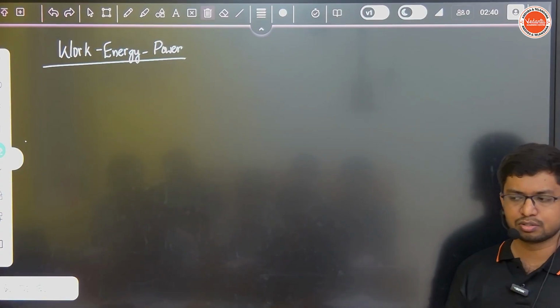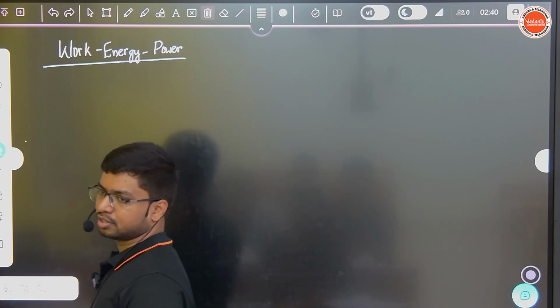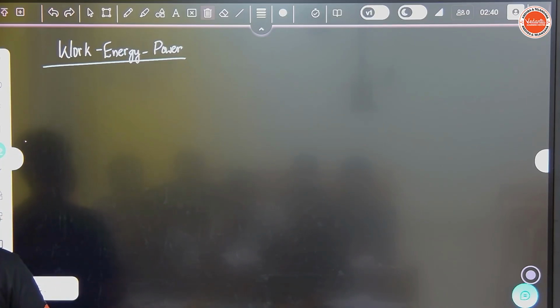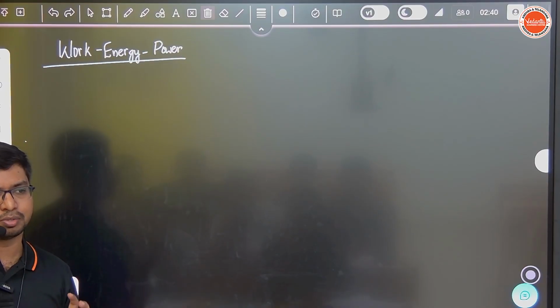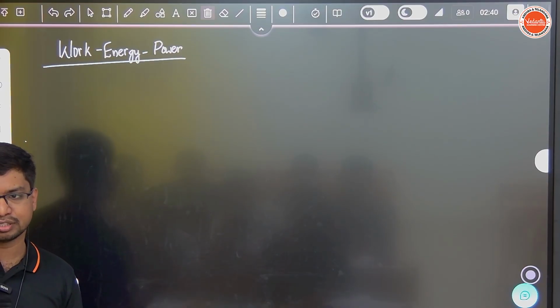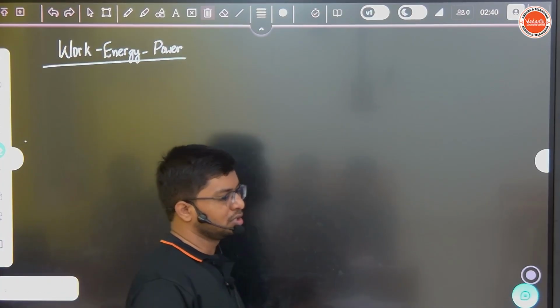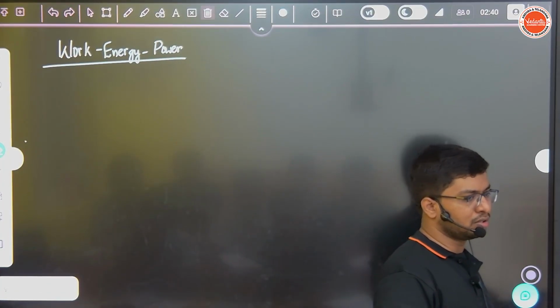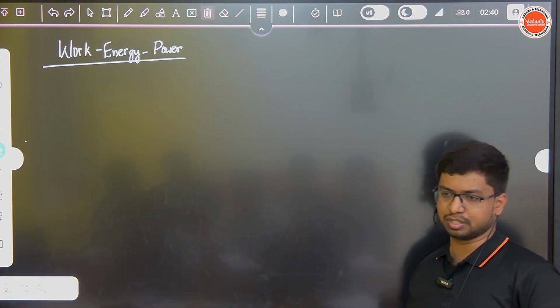Let us say you go for the heat energy. How do we define the heat energy? It is a form of energy that is possessed by its temperature, or you can also say it is a form of energy which gets transmitted from one body to another body because of the temperature difference. Clear?